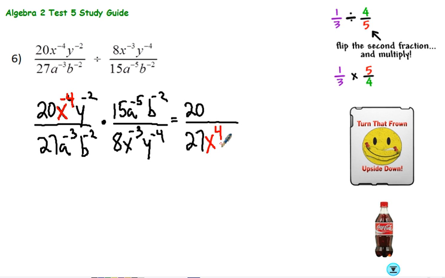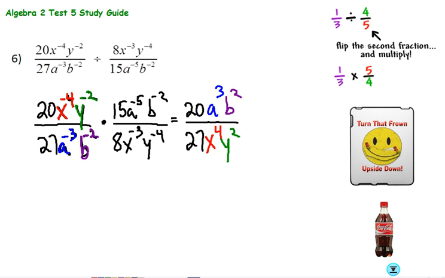X to the negative 4, turn its frown upside down, becomes x to the positive 4. A to the negative 3 becomes a to the positive 3. Y to the negative 2 becomes y to the positive 2. B to the negative 2 becomes b to the positive 2.